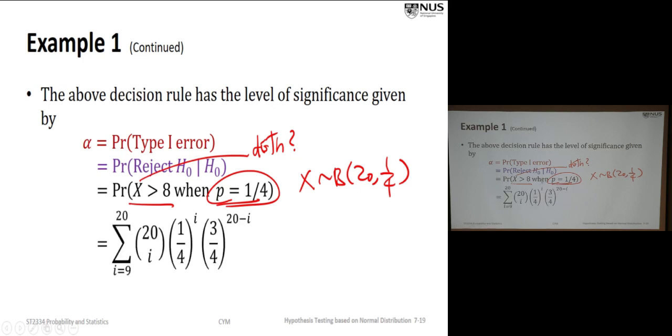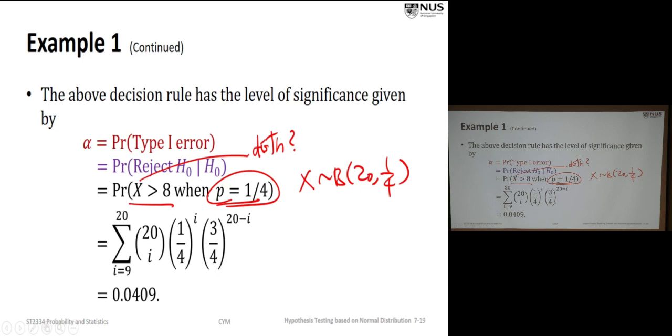So we just use probability, this may be in your statistics tables. If not, it should be given there. All right, so to calculate this probability, you can use a graphic calculator, right? Okay, I believe you don't have to calculate how many terms, there are 12 terms here.